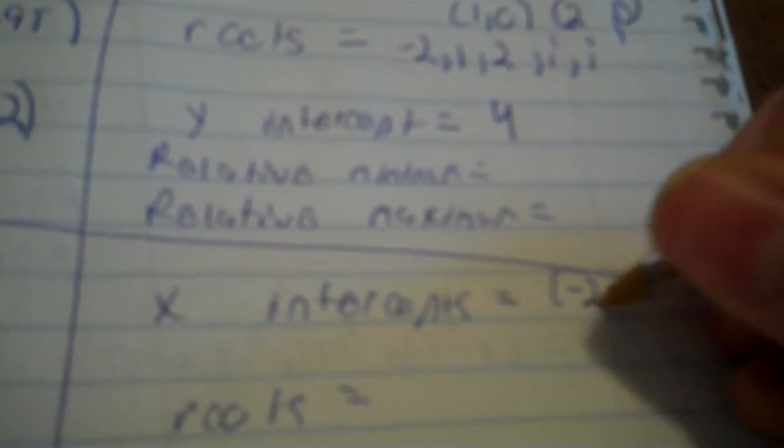There's two x-intercepts, negative 2, 0 and 2, 0. So your roots are negative 2 and 2. And then there's a fourth power, so you'd have 2 imaginary roots. Y-intercept is a negative 4. And if you look at your y-axis, you clearly see that.